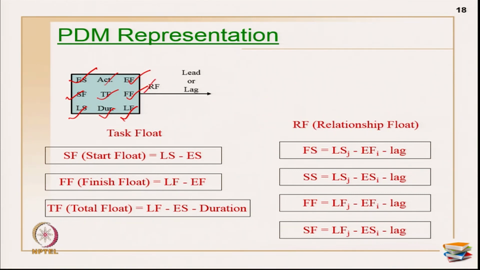The relationship float is generally given by a triangle, because I can also represent my lead or lag on the same arrows. To avoid mismatches, relationship floats are written with the triangle symbol, and the formulas are also written here, the same formulas.